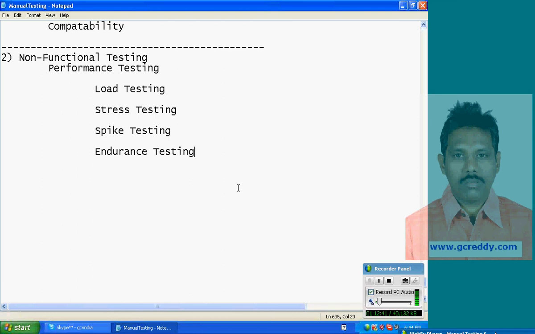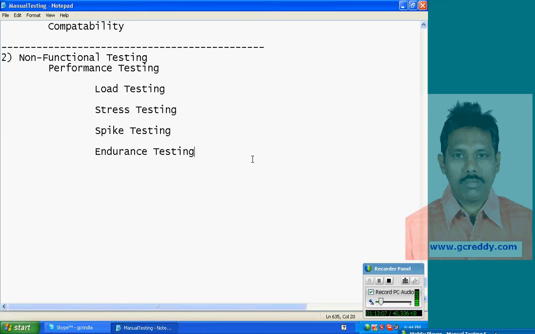Load testing. What is load testing? Measuring the system's behavior under customer expected load.